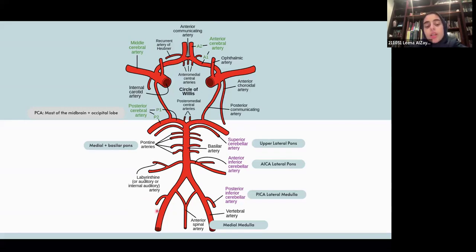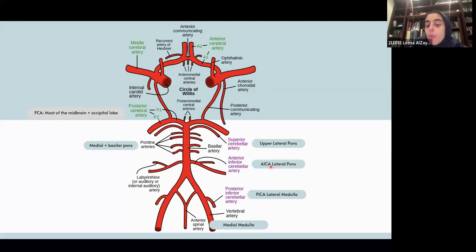Okay, so let's see about their function. In terms of the medulla, it's supplied medially by something and laterally by something else. The medial part of the medulla is supplied by the anterior spinal artery and the vertebral artery, both of them, dual supply. The lateral part of the medulla is supplied by the posterior inferior cerebellar artery.